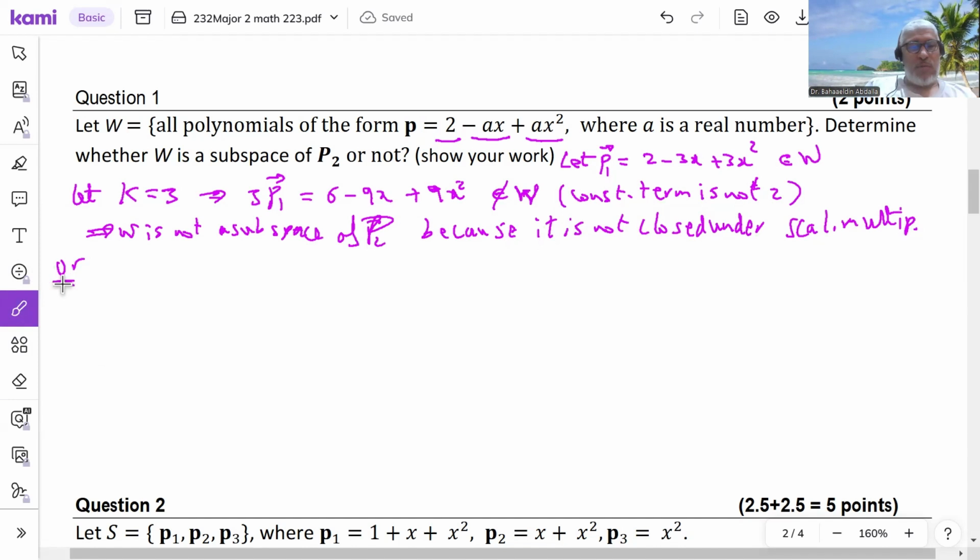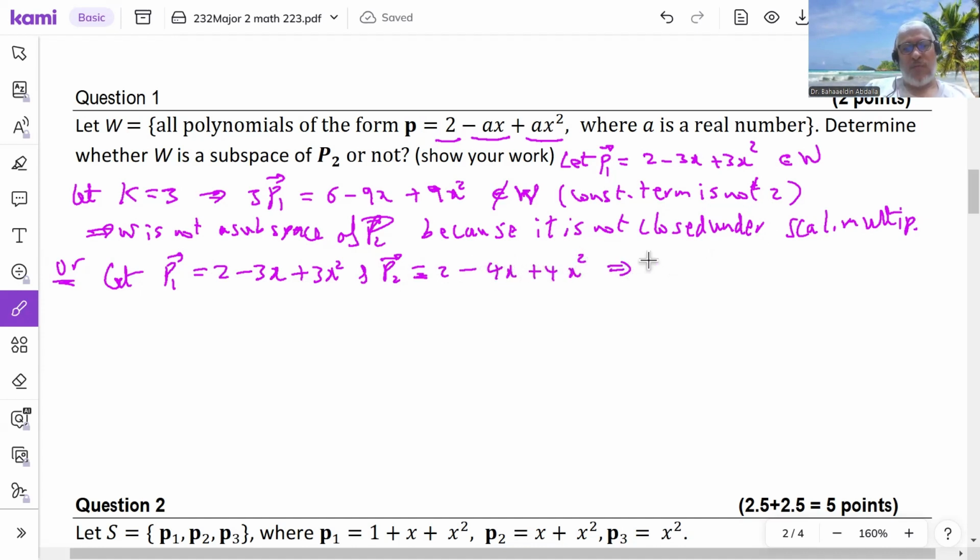Or you can take two polynomials in W and prove that their sum is not in W, because it's not closed under addition in that case, and the constant term will not be 2. So you can say let P1 be 2 minus 3x plus 3x squared and P2 be 2 minus 4x plus 4x squared.